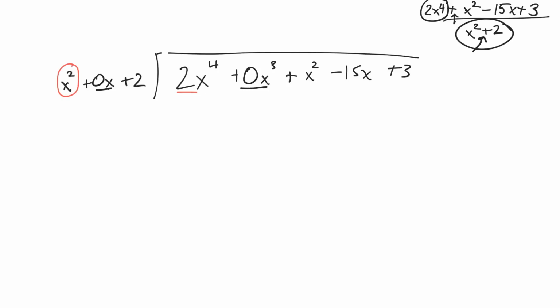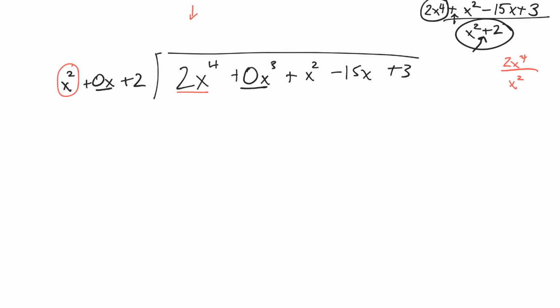this into this. And really what I'm doing is I'm taking 2x to the 4th and dividing it by x squared. When I do that, I get 2x squared. On the top, it doesn't matter too much where you put that number, though some people put it right above this one. Some people pull it over and put it over this next one.